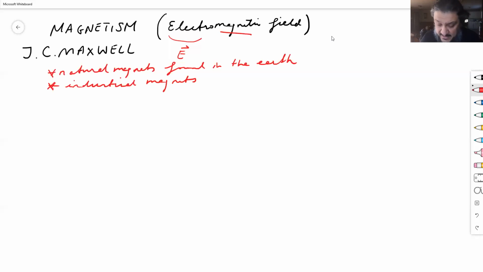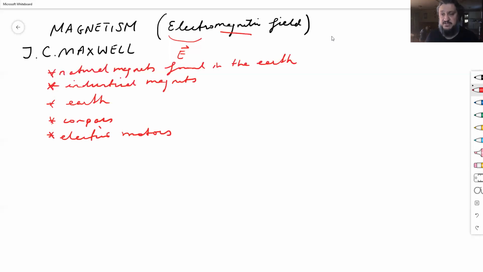Earth itself is a magnet. The Earth itself is a giant magnet. That's how our compasses work. So compasses are magnets as well. And you can find magnets in electric motors. All right, so your computer's hard disk has an electric motor inside, and that works with a magnet.